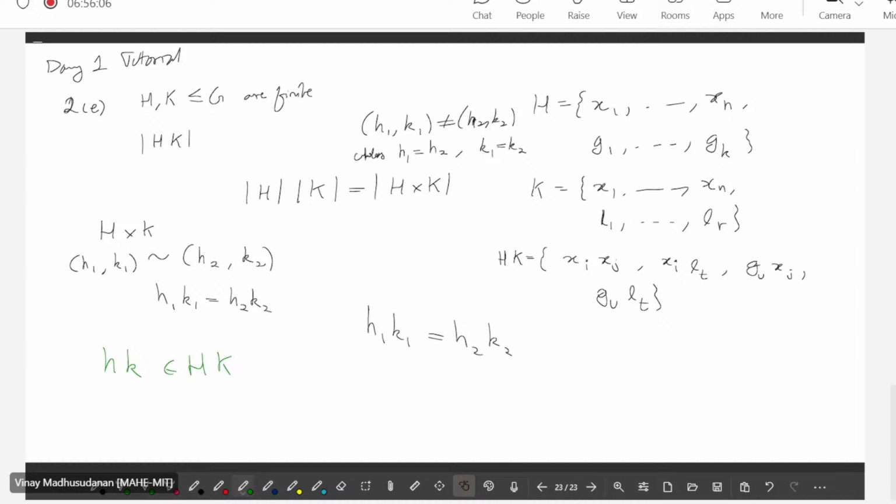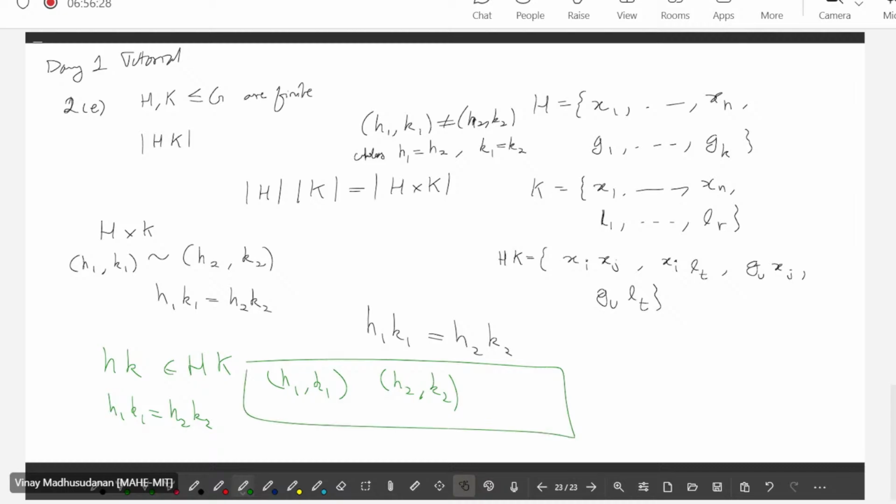Without repetition means if it happens that H1K1 is equal to H2K2 for some H1, H2 and K1, K2, then you want to count these two as one, right? You want to count this pair as one. You don't want to count them as two different things. That means the equivalence class of any HIKI in this relation, you will count that class only. You will not count each element in that class. You will just count that class. So now the question reduces to how many equivalence classes are there.